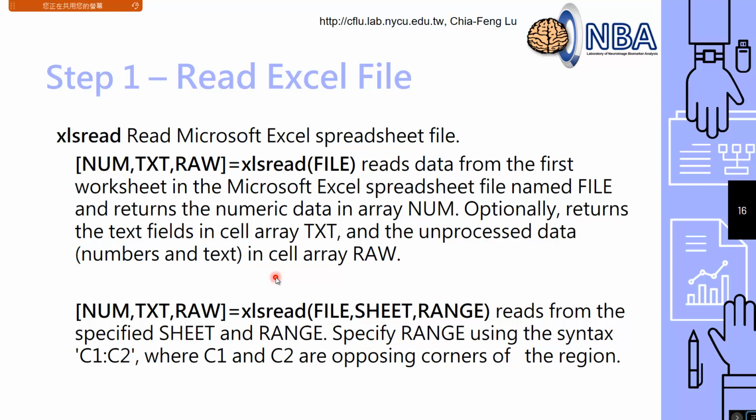I just cropped some of the help description of xlsread right here. You can see it says read Microsoft Excel spreadsheet file. Not only Excel spreadsheet files, it can also read so-called CSV, comma-separated files, so it can be used for both file types.